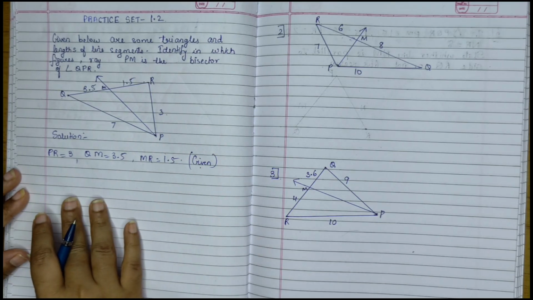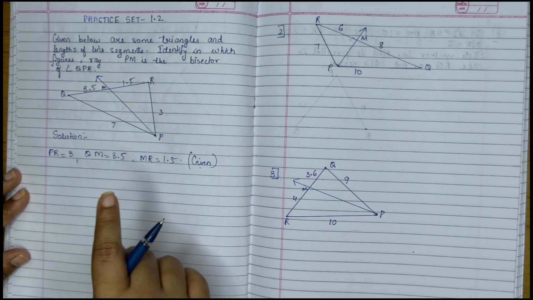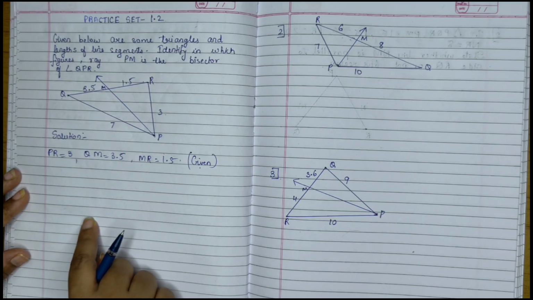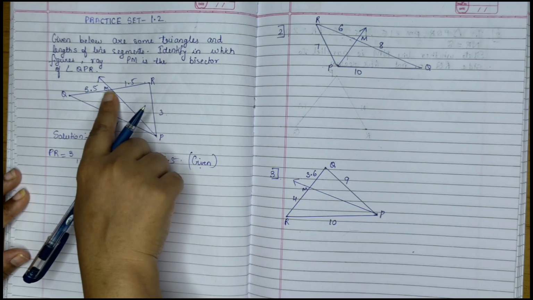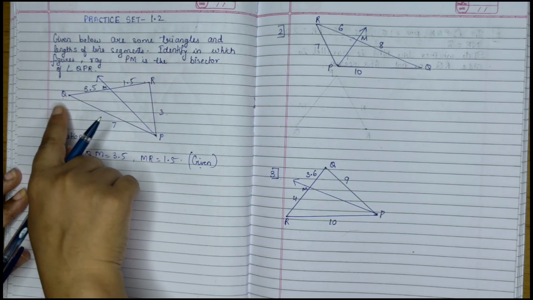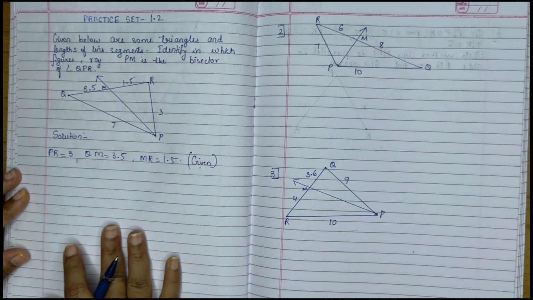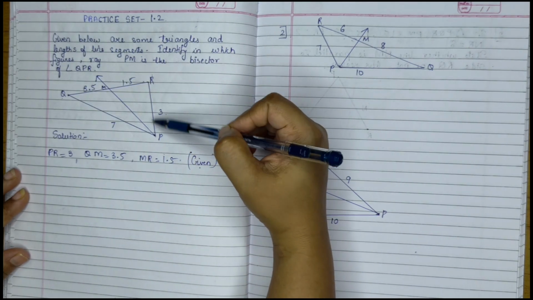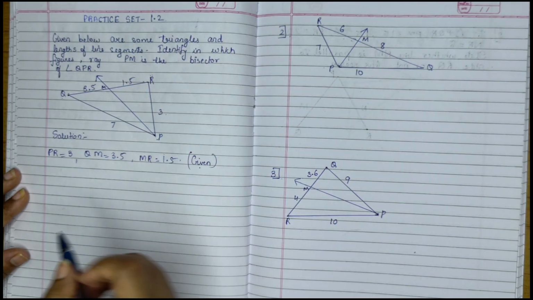Next we will use the angle bisector theorem. We will see whether we are getting both the sides equal. If both the sides are equal, then we can say that PM is the bisector of angle QPR. So first we will take this side, PR upon PQ.